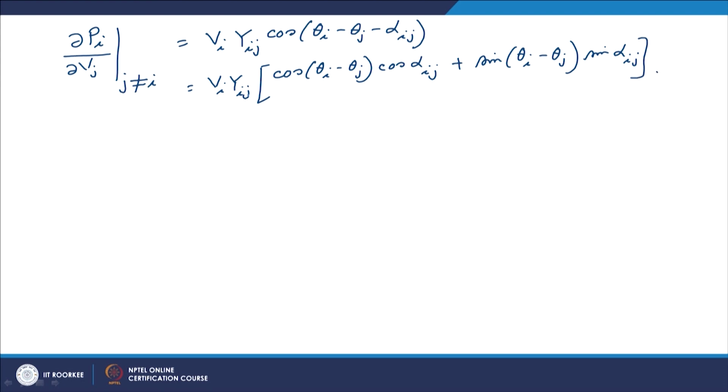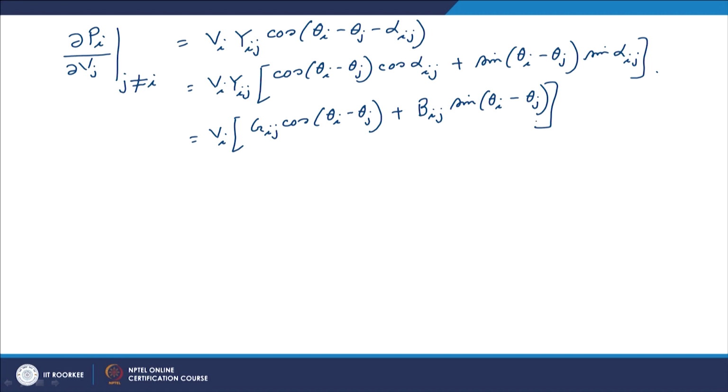You know that Yij into cos alpha ij is nothing but Gij, so we write Vi Gij cos of theta i minus theta j, and Yij into sin alpha ij is Bij, so we write Bij sin of theta i minus theta j. So, this is the expression.